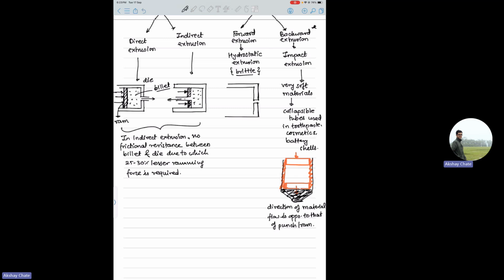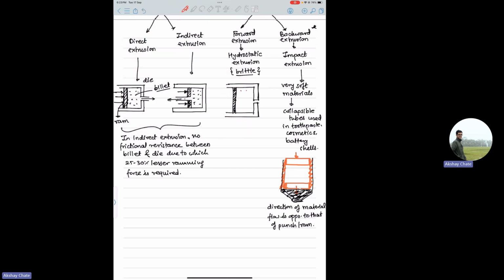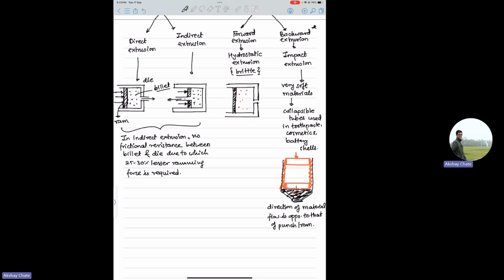First of all, you have a brittle material, and between the ram and the billet there will be liquid, usually incompressible liquid. So you don't have the billet occupying the whole thing. Your billet will occupy a certain portion, in some container, and this will be extruded.